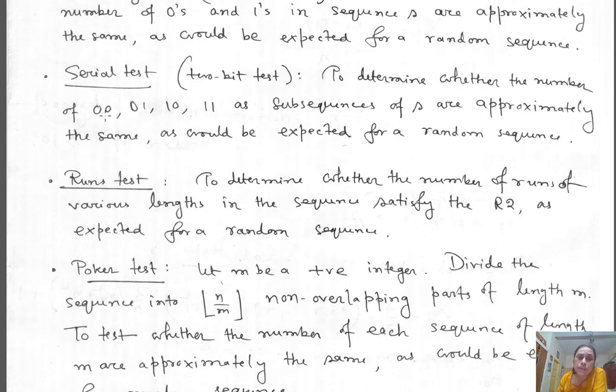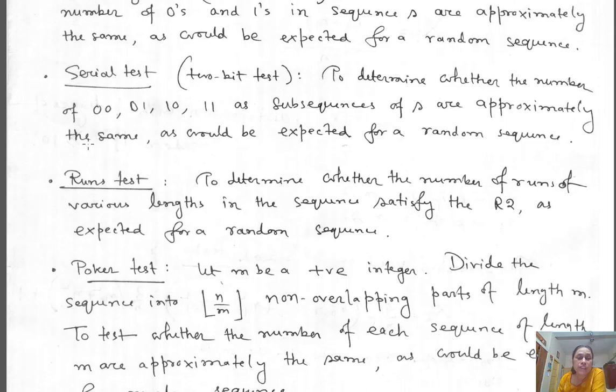How many 00 are there? How many 01? How many 10? How many 11 patterns? All these patterns should be approximately the same, as a truly random sequence is expected to exhibit.